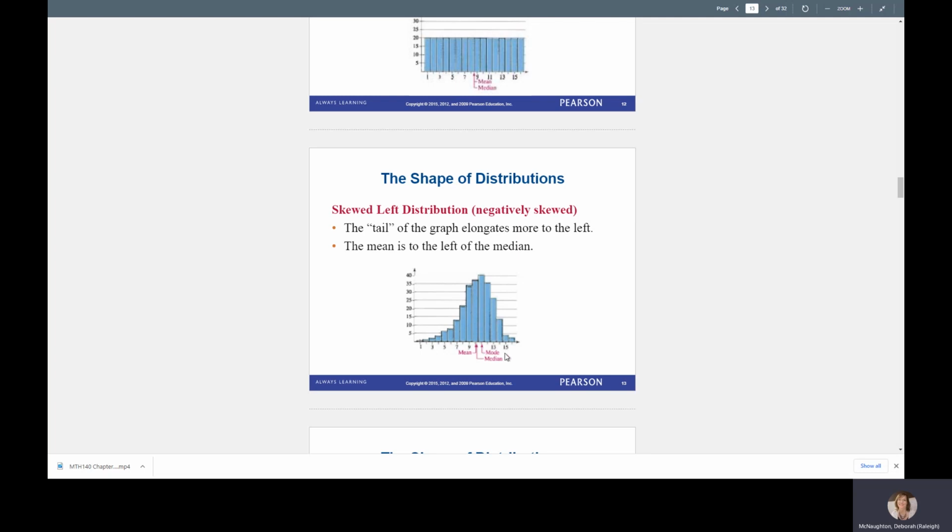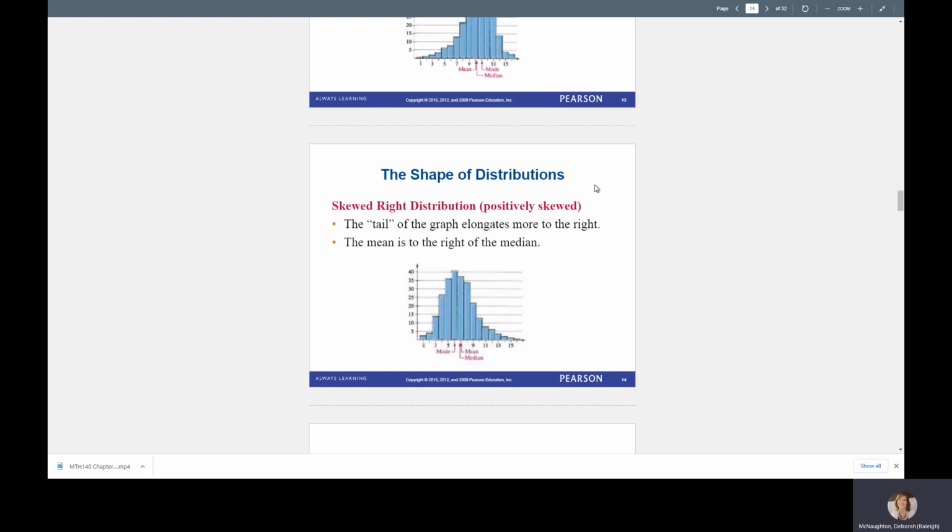The mode will be to the right of the median, because the median is in the middle of the data, and because of these values, it's moved over from where the highest data point is. The mean is pulled into this elongated part. So the mean will be less than the median, which will be less than the mode. For a left skewed distribution, the tail is to the left, and the mean will be less than the median, which will be less than the mode.